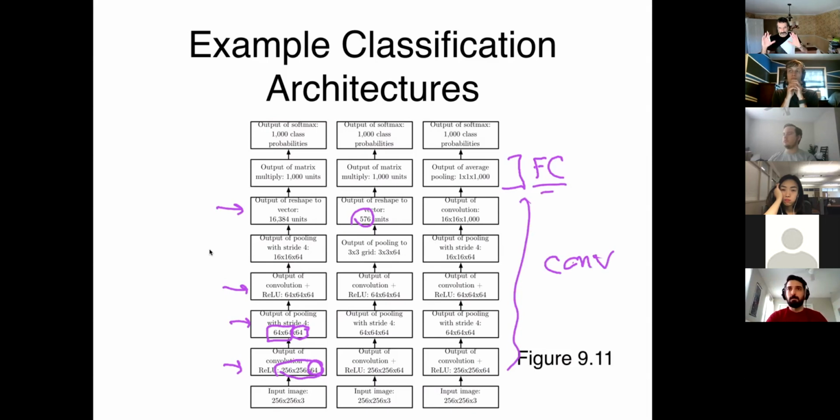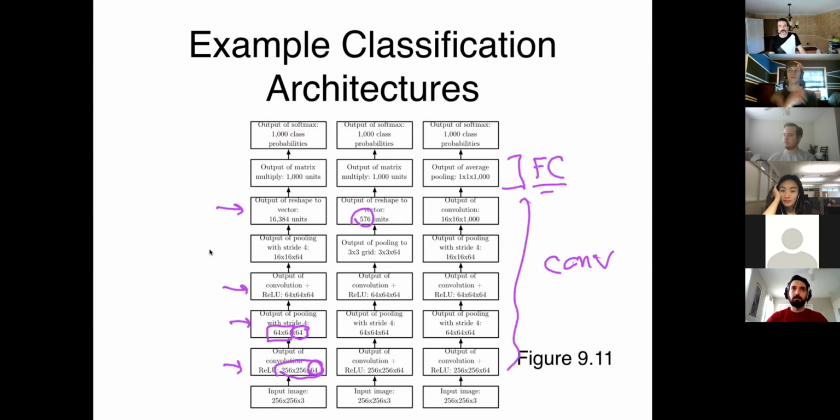So basically, the way we can think about it, you have a large input, we pass it through multiple layers of convolution and pooling to produce a smaller thing. Then once we have a smaller tensor or smaller units or vector, whatever you want to call it, typically you need to reshape it to a vector of a small size.